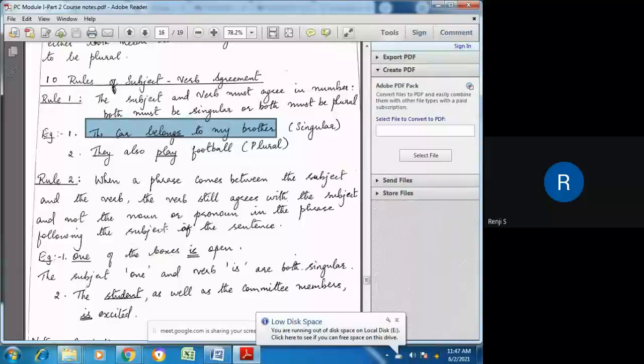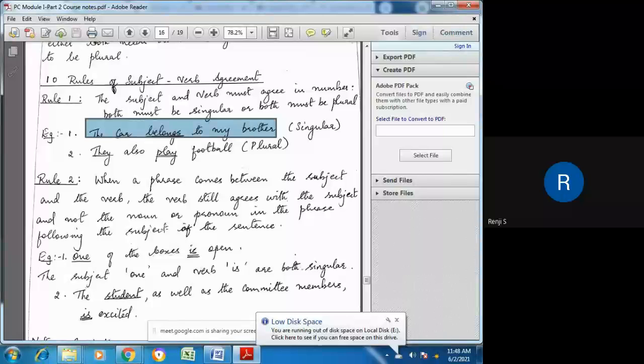So just remember that when you look at the verb, if the verb ends with s or es, then it is singular. And if the verb does not end with s or es, it is plural. Okay, it's just a code word, a formula to remember how the verb is. It may not be correct in all cases. There can be exceptional cases, but if there is an s or es at the end of a verb, then it can be considered singular.